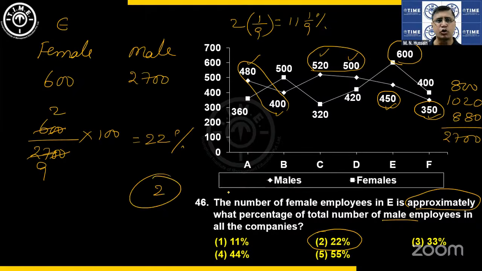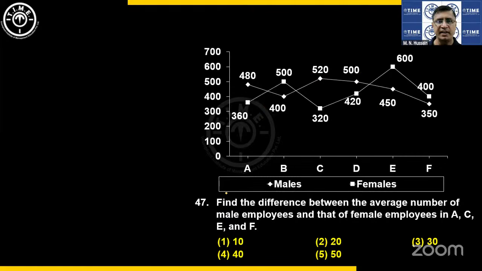Now look at the next example, question number 47. Find the difference between the average number of male employees and that of female employees in A, C, E, and F. What to find? Difference between the average number of employees, male and female. How many males here?